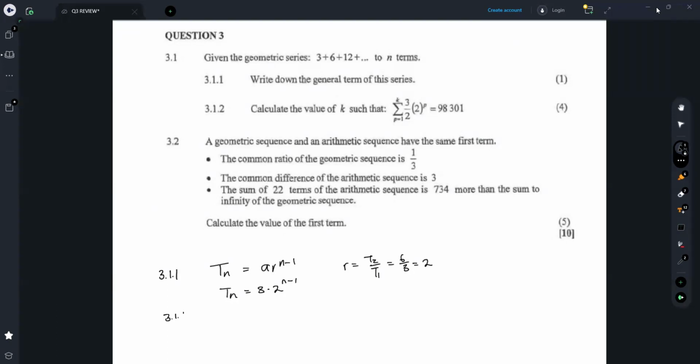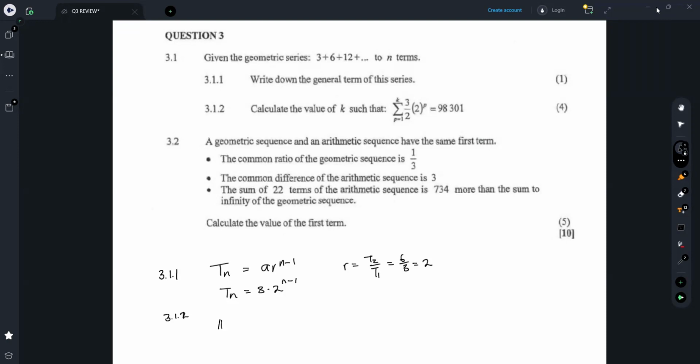Now let's go into 3.1.2. Now they want us to calculate the value of k such that that is true. So now, whenever you're dealing with sigma notation like that, you first have to find the number of terms.